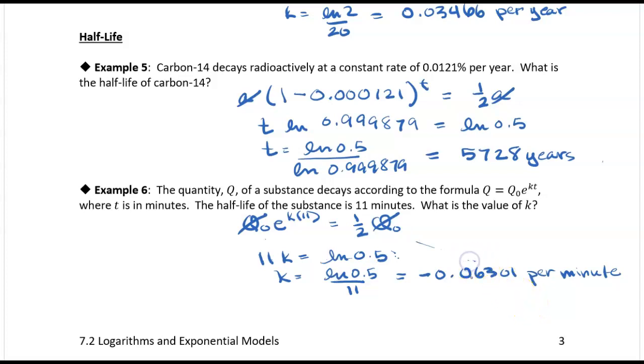So this is the continuous growth rate, but we would say that the continuous decay rate would be 6.301% per minute if we wanted to express it as a percent.